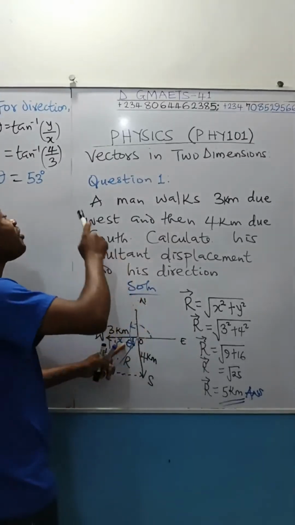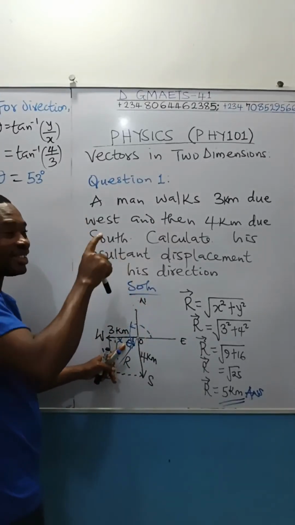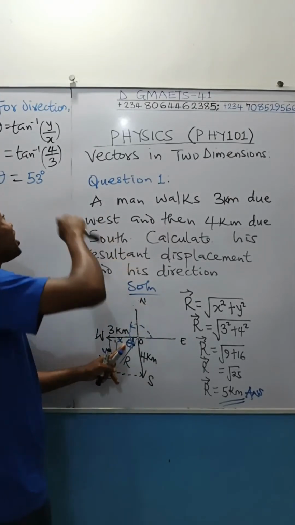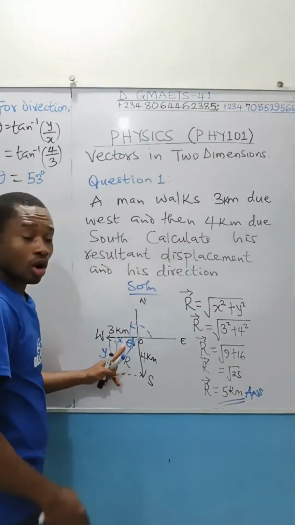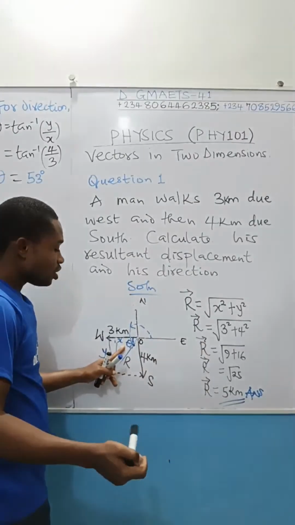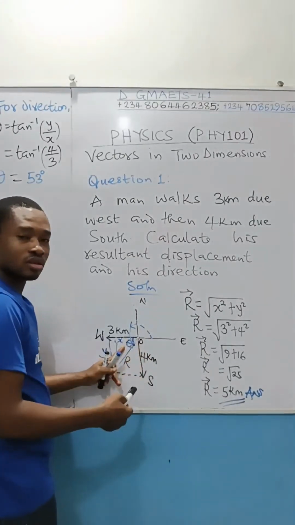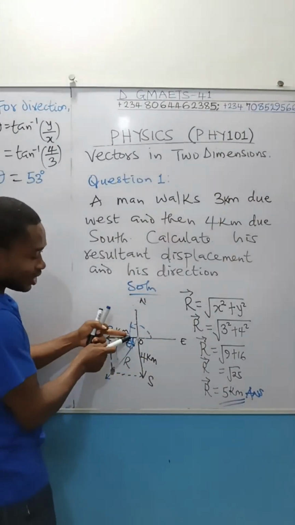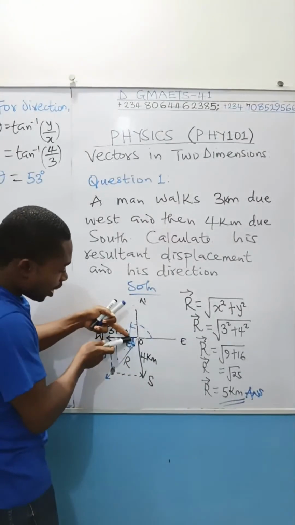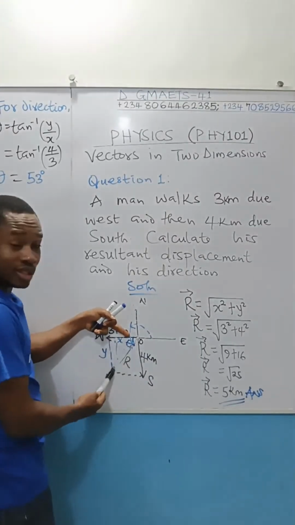For us to know the quadrant, the cardinal point between which the man is moving, as the case might be, you have to measure it from the east. So coming this way, from east to west is 180. And then from west to where this resultant vector is 53.